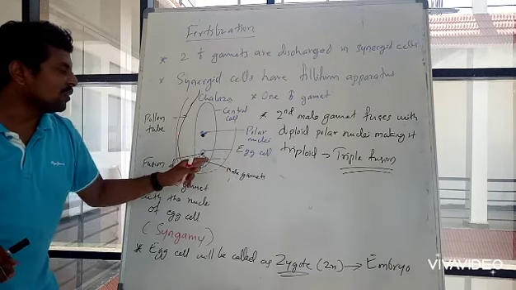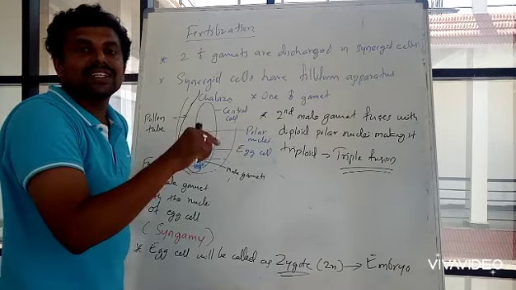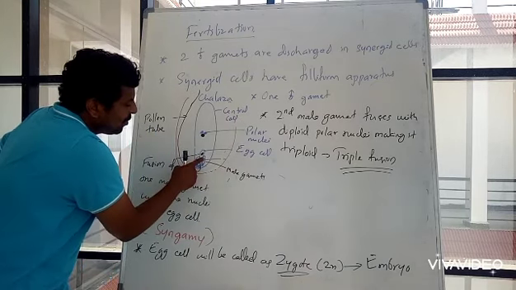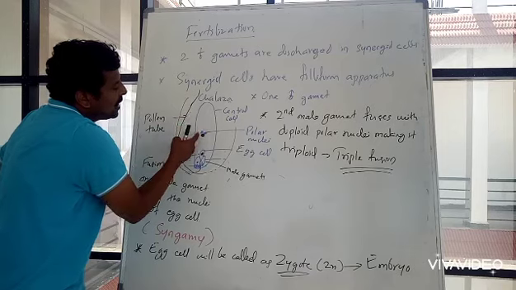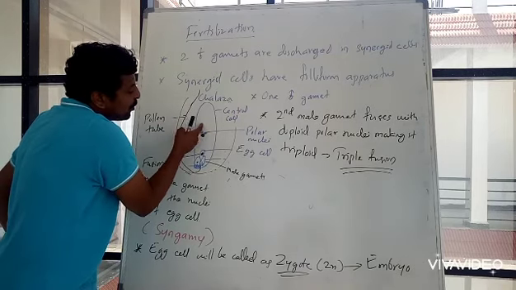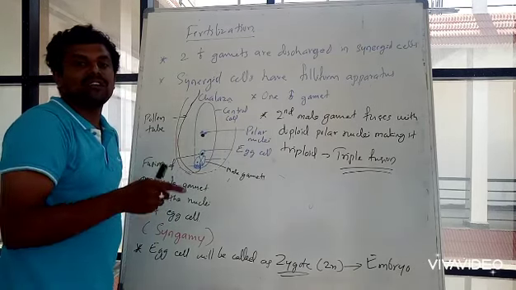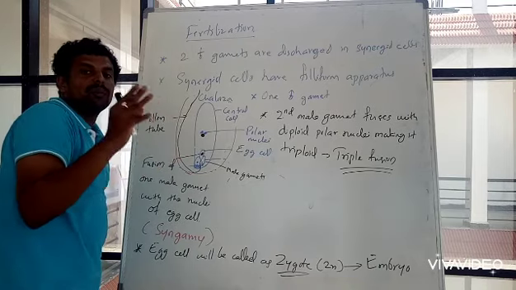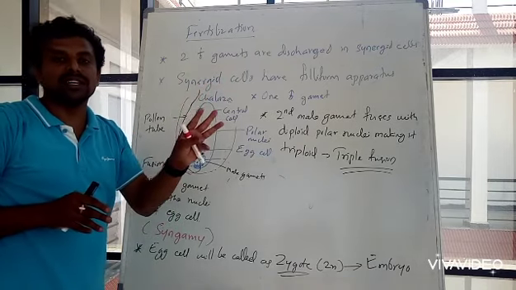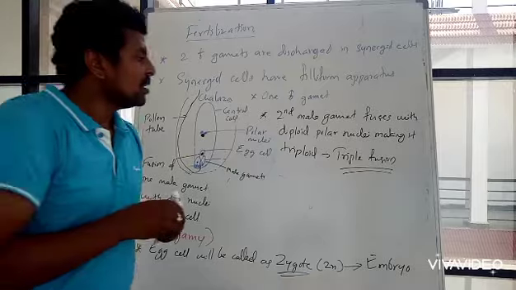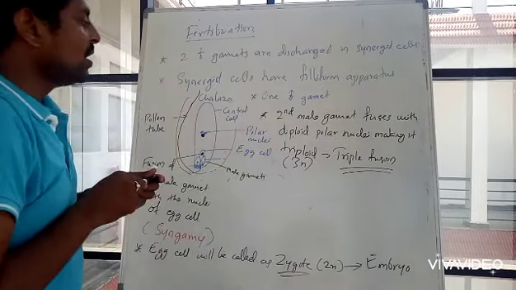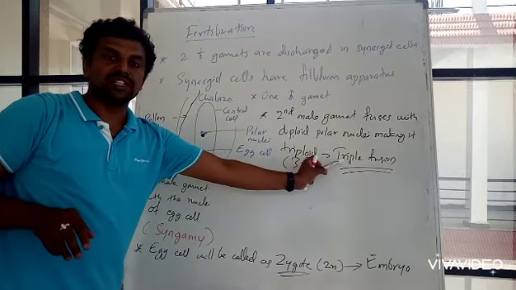This process of fusion of a male gamete with the egg cell is known as syngamy. Got it? The second male gamete travels in the cytoplasm of the large central cell and fuses with the polar nuclei, which are already diploid. So once it fuses with the two polar nuclei, it will become three nuclei, or 3n condition. This kind of triploid means 3n condition. So this kind of fusion is known as triple fusion.